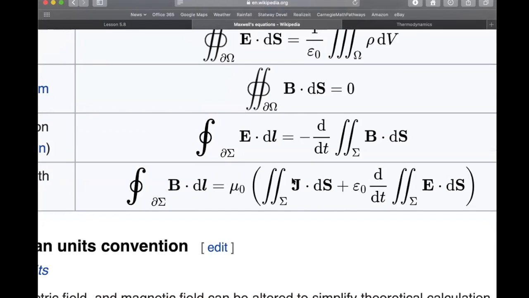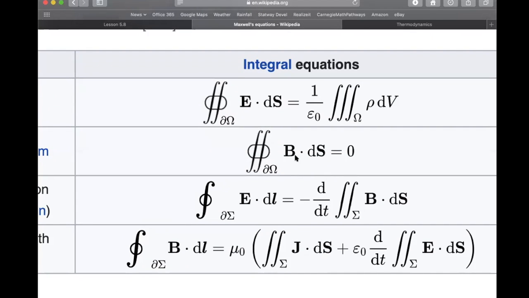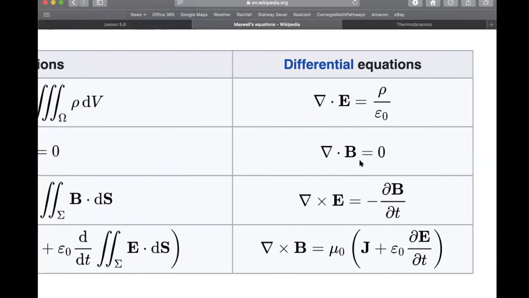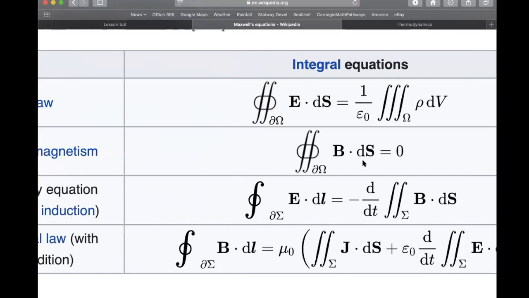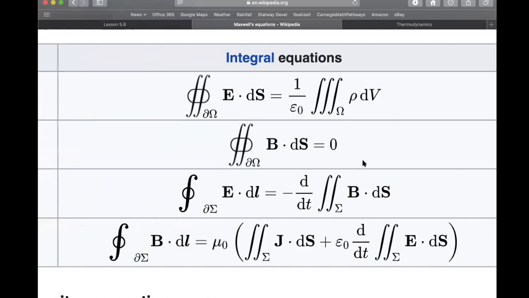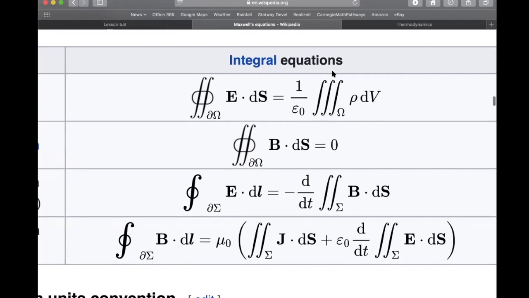I don't know anything about this, but just because I understand what flux is, and over here what divergence and curl are, I'm able to make a lot of sense about the nature of these fields and how they interact. And by the way, this statement right here is a three-dimensional version of the divergence theorem, which I was going to talk about next.